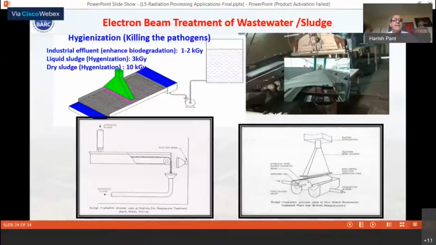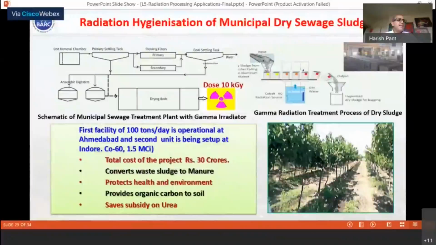So in order to hygienize the dry sludge, this technology is also used. And you can see that this is a gamma radiation plant for hygienization of municipal dry sewage sludge. BRC has set up this plant in collaboration with the Ahmedabad Municipal Corporation, and it is a cobalt 60 based plant.